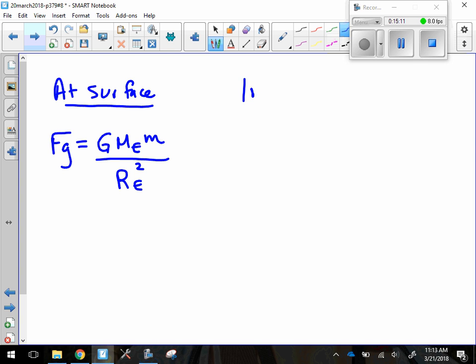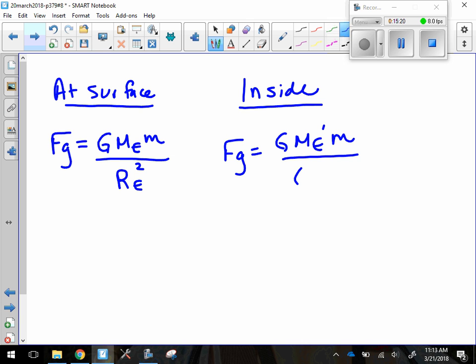So inside, we said the formula was Fg equals G, Me prime, little m, over, what did we call it? R prime squared.